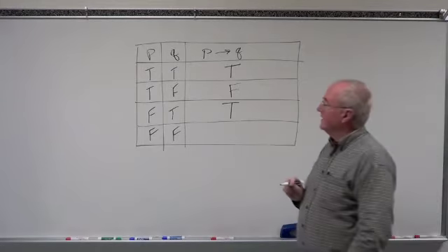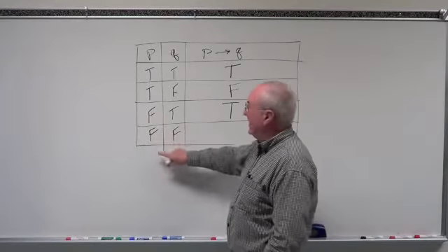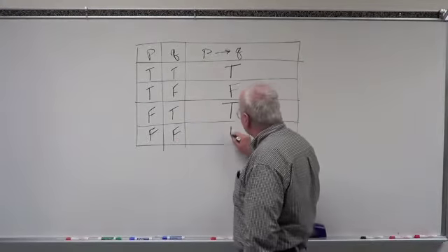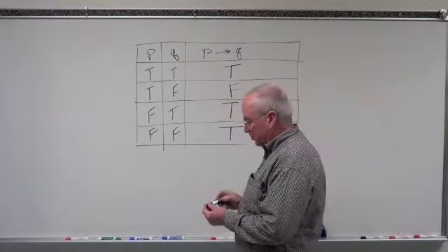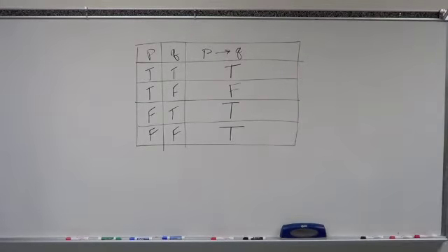And here's the one that can get you. If the hypothesis is false and the conclusion is false, then the conditional statement is true because neither condition has been satisfied. Let's run through those just a little bit.